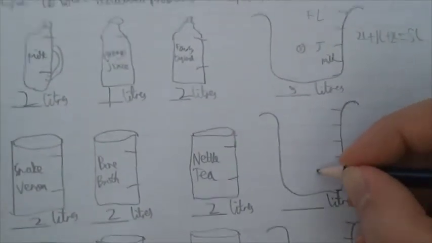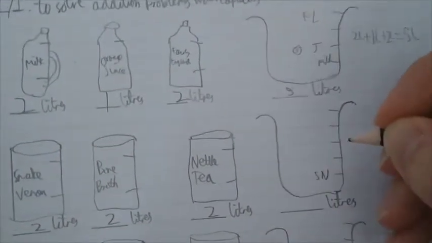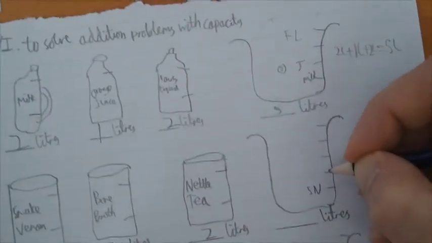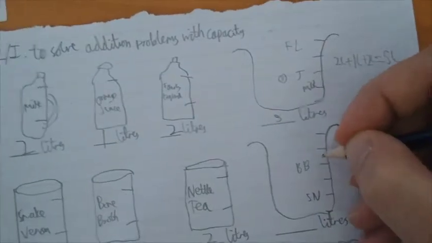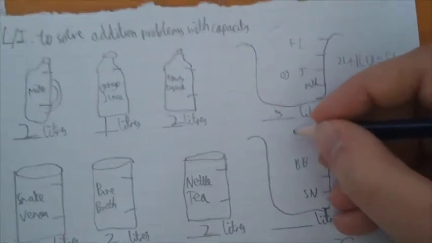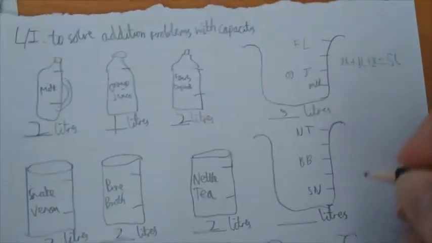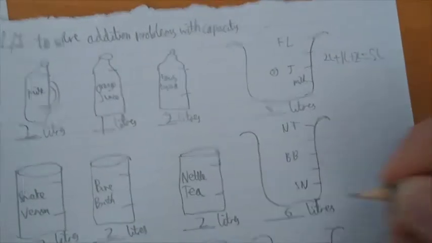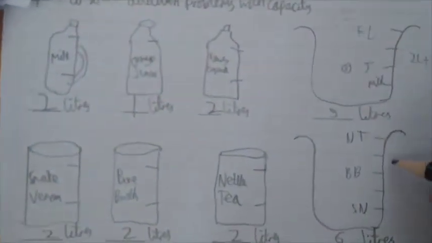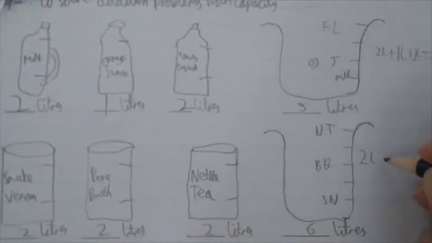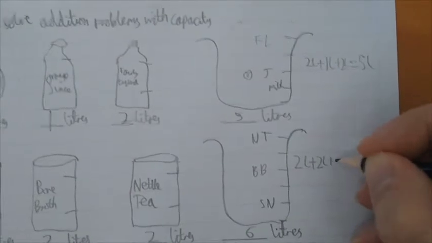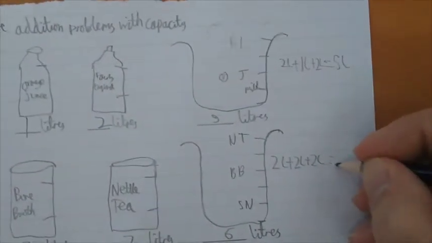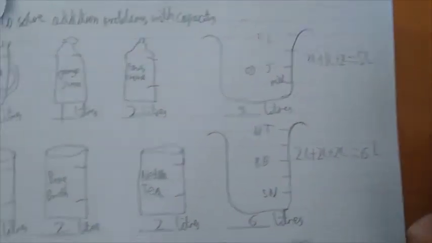Our 2 litres of snake venom, SN for short, 2 litres of bone broth, BB for short, 2 litres of nettle tea, NT for short. Altogether we have 6 litres in this cauldron. So our number sentence is 2 litres plus 2 litres plus 2 litres equals 6 litres.